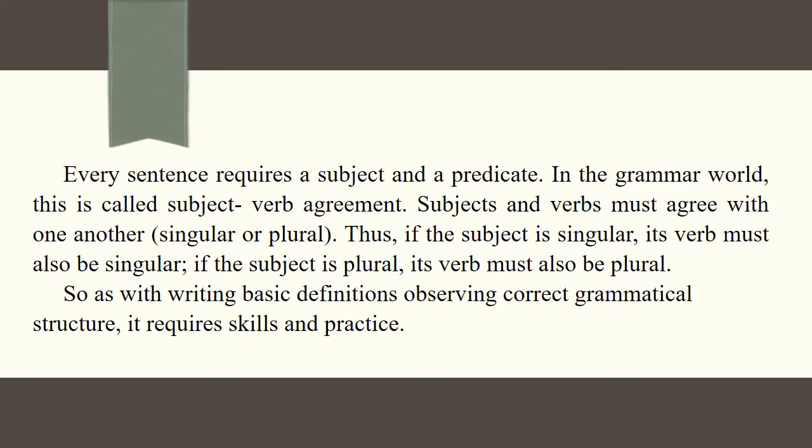If the subject is plural, its verb must be plural also. As with writing basic definitions, observing correct grammatical structure requires skills and practice. So we just have to practice it and make our skills better than the usual.